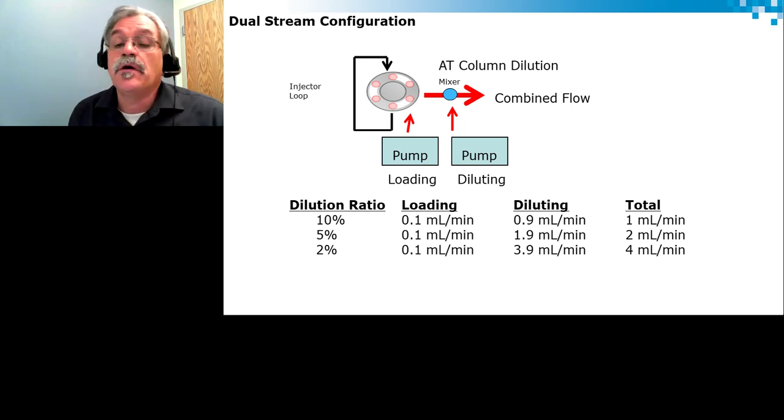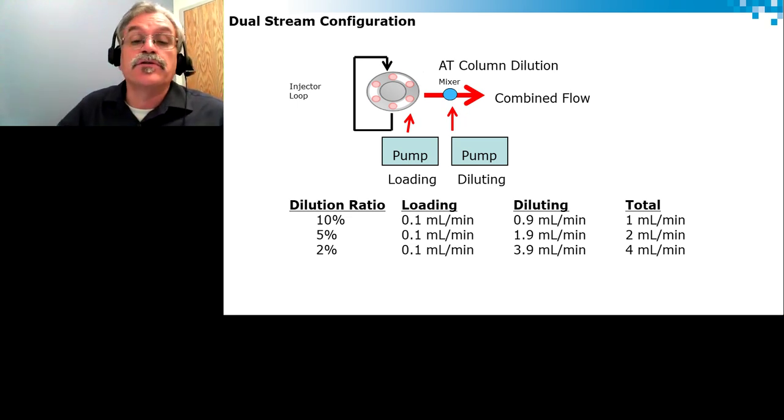At 5%, it means that anything that would be at 100% organic, it could be an IPA, an ACN, a methanol, an acetone, anything that's a water-soluble solvent, would be dropped to 5% before it reaches the trap. That means that we're in effect creating an isocratic condition.